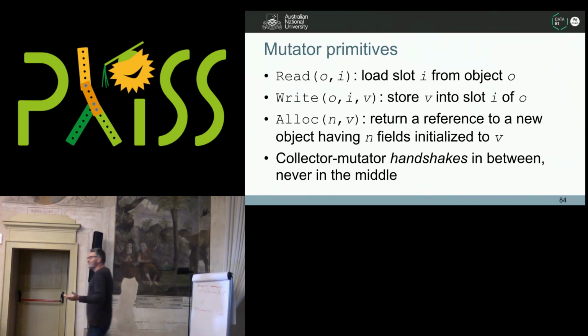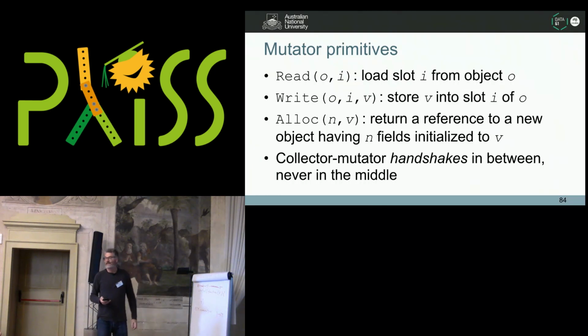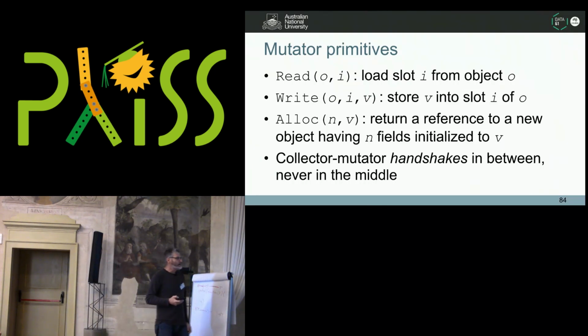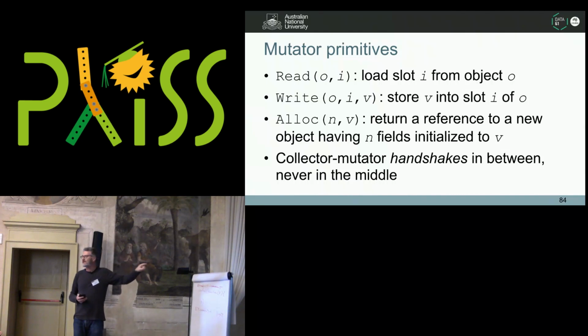We have the standard mutator primitives. You can read from the heap, load a slot from an object. You can write to the heap and store a value into a slot in an object. And you can allocate objects. The collector and the mutators handshake in between these operations, never in the middle of these operations.